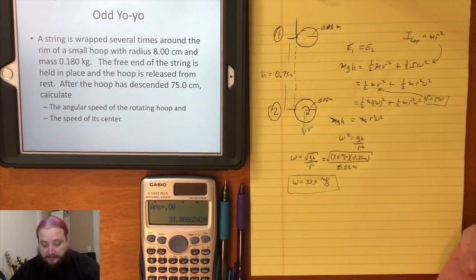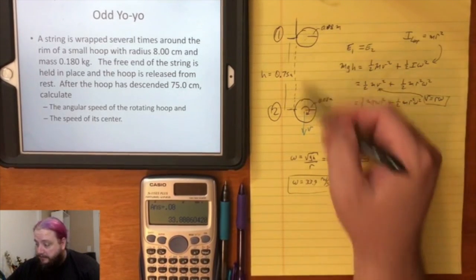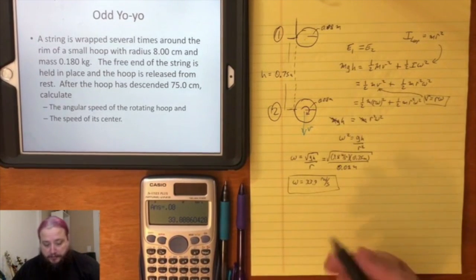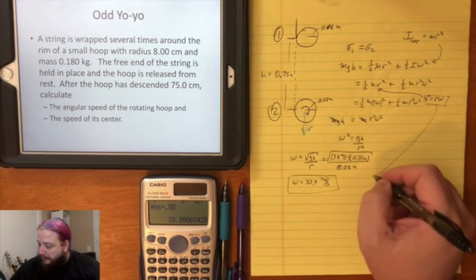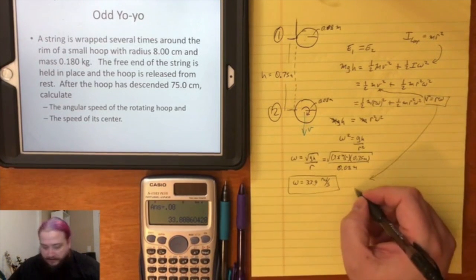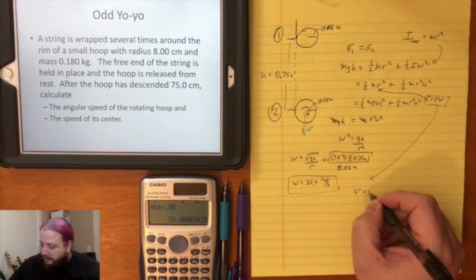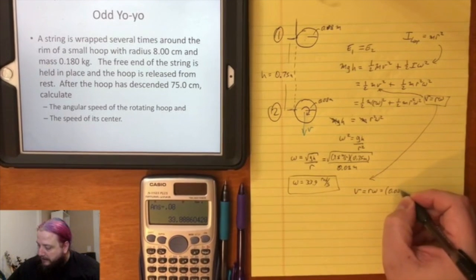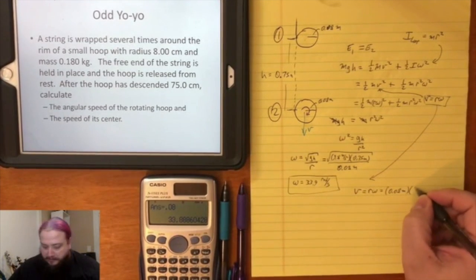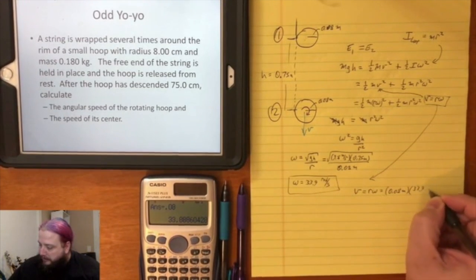And then it asks us how fast is the center of the hoop moving, and so we can use again our rolling without slipping condition, that v is r omega, and that's 0.08 meters times 33.9 radians per second.